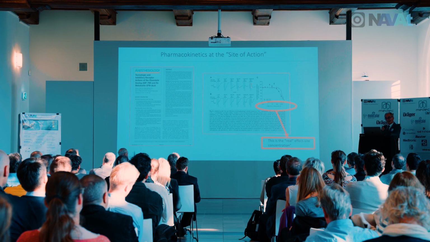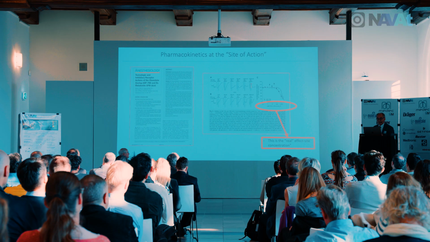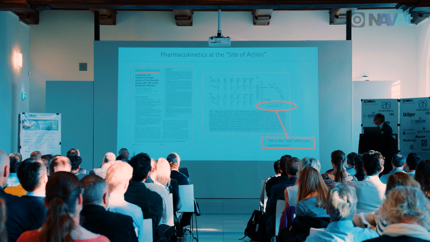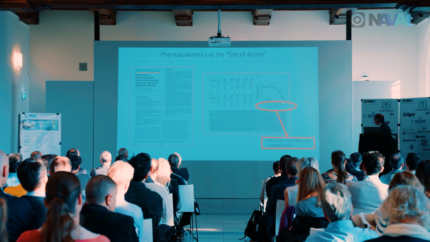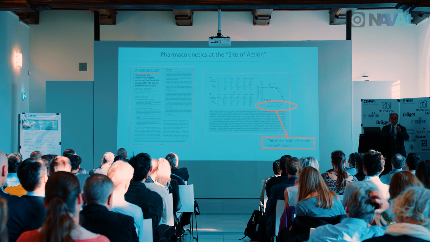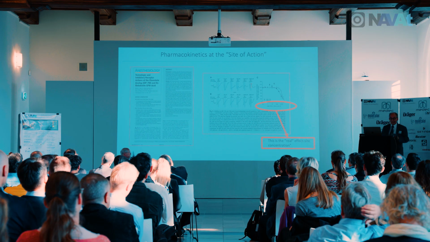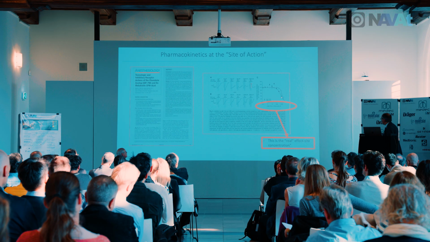If you can come so close, then of course it's easy to make a figure of the effect versus the concentration of drug at your receptor. And that's the real pharmacodynamic curve you have here. This is really the relationship between the effect and the drug concentration.